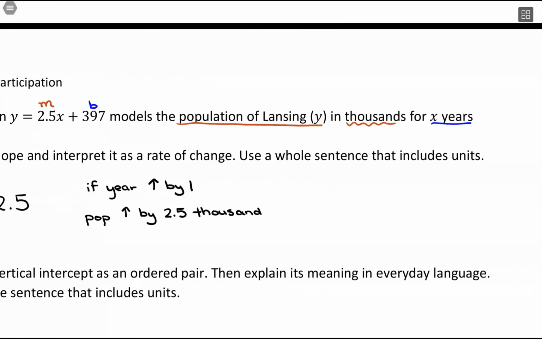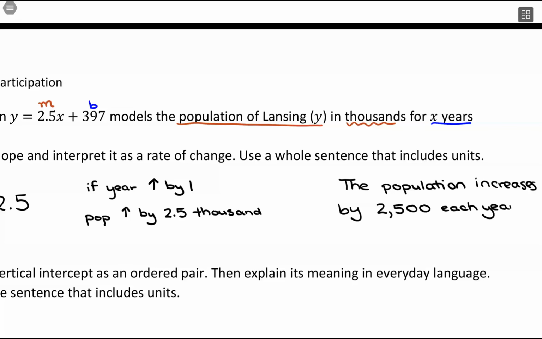So I'm going to write it as the population increases by 2.5 thousand, which is the same as 2,500 each year. And that interprets our slope.